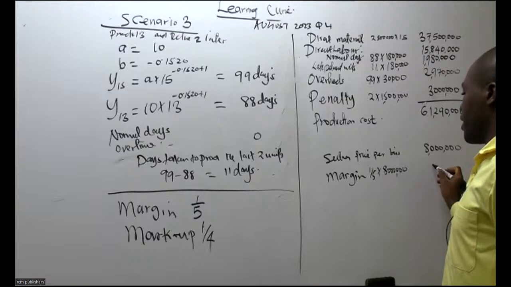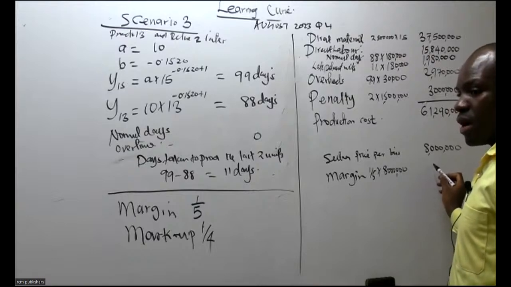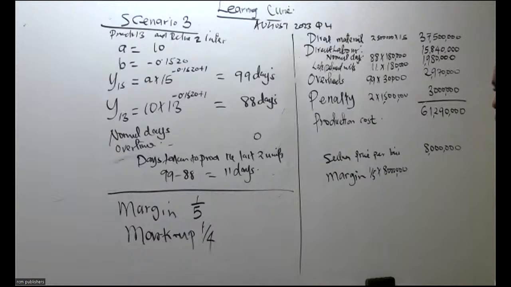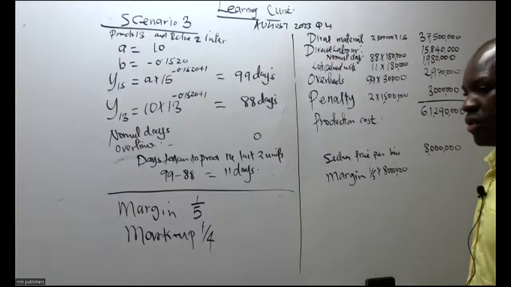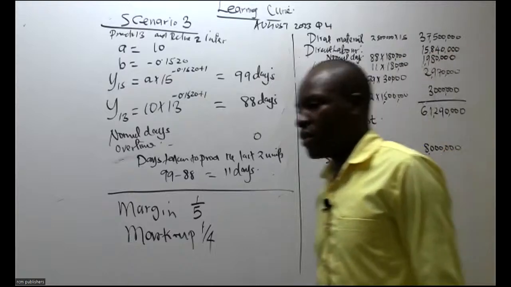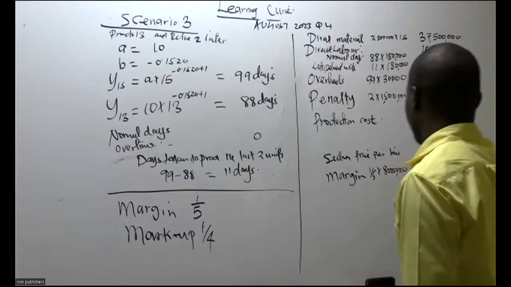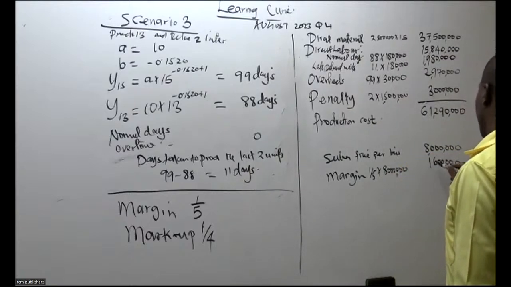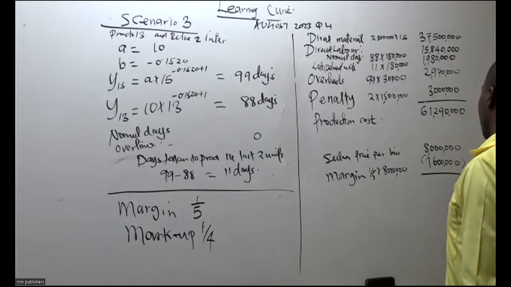How much will we have here? Or 20% of 8 million ni ngapi? 1,600,000. So we have 1,600,000. Ukitoa hiyo unapata ngapi?